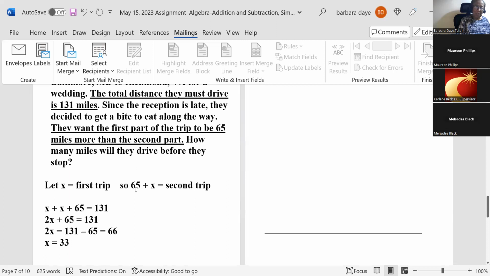What does that give you? 65 plus 33 is 98. The other piece is 33. 65 plus X equals the second trip, right? So you're saying 65 plus 33 is equal to 98.